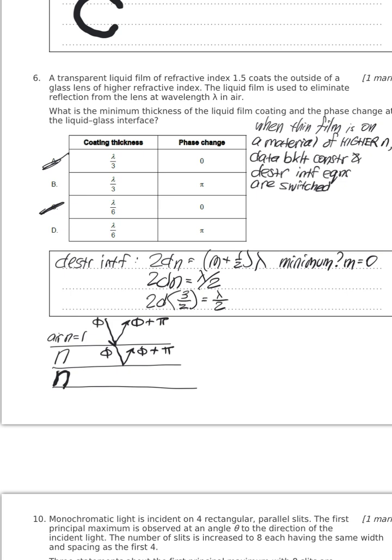So 2d times 3/2 equals lambda over 2, so then that half there and that 2 get eliminated. That gets me 3d equals lambda over 2, therefore d is lambda over 6. So that's lambda over 6 coating thickness with a phase change of pi radians, choice D.